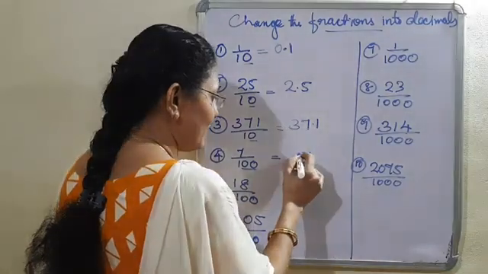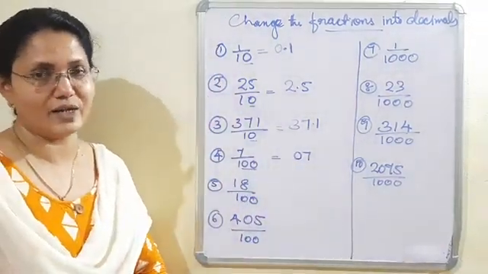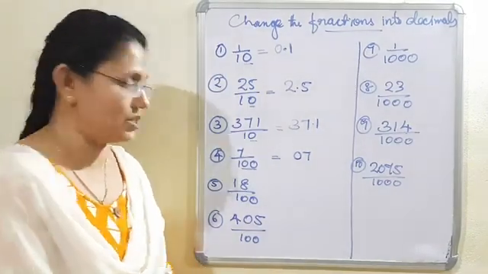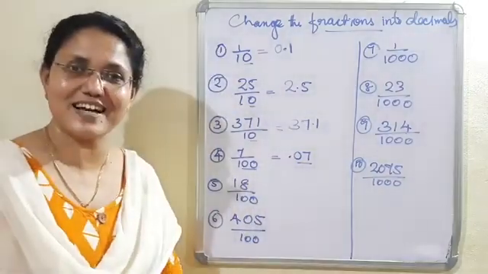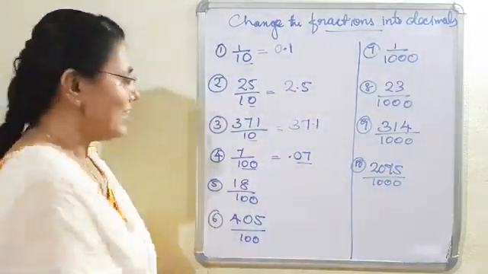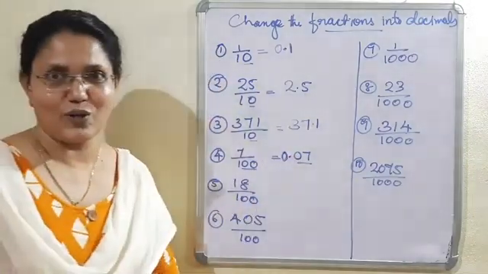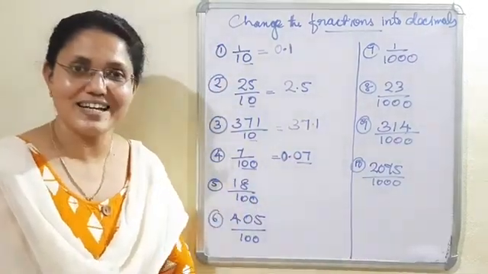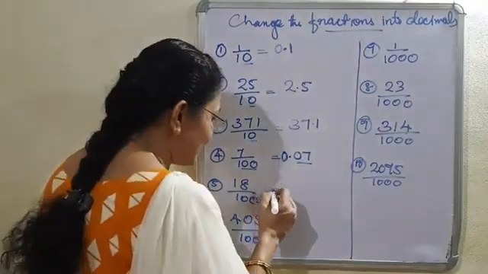Here already 1 is there, we need 2, so I am putting one 0 on the left side. Okay, on the left side only you have to put the 0. Then put the decimal point. Now here how many decimal places are there? Yes, 2 are there. And whole number part, nothing is there. You have to write 0 there. Therefore, here the decimal form is 0.07.